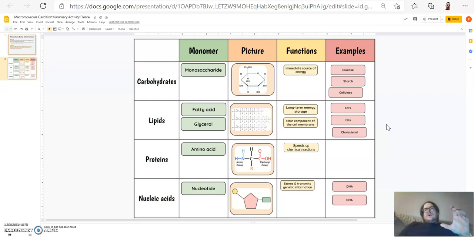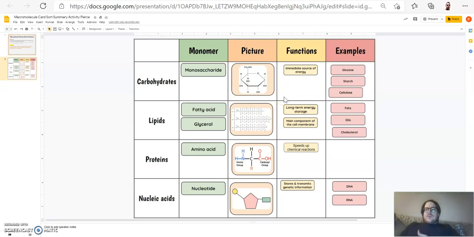If you remember, it was a bunch of rings put together with an OH on the end. That one's a little more confusing because we've got rings, like in carbohydrates, but it doesn't have as many oxygens as you'll see in carbohydrates, so that's one thing that'll give it away.